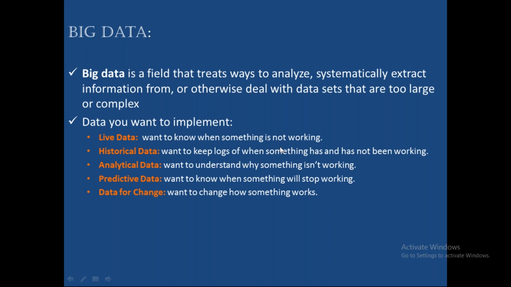You also have to do analytical data. What is meant by that is when something is not working, you need to find the root cause: why was that not working at that particular time? That is analytical data.